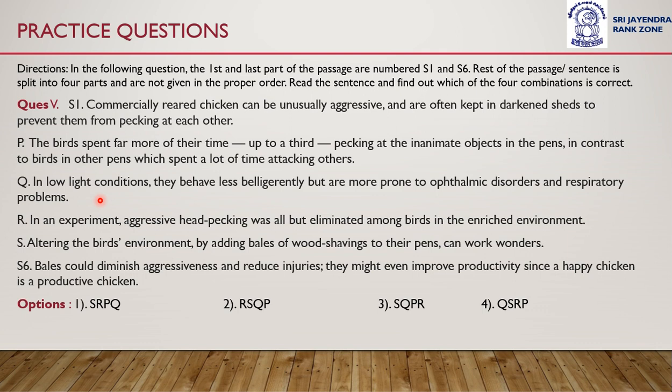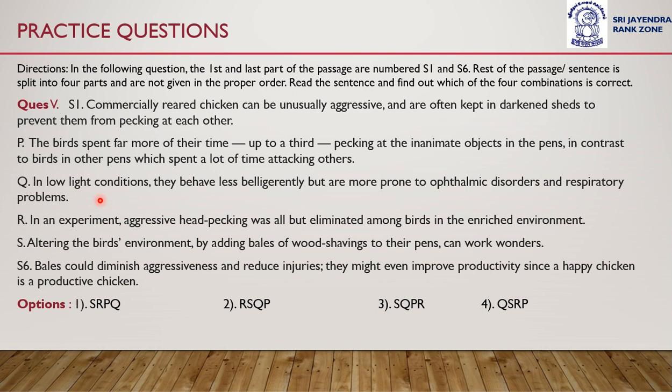S1. Commercially reared chicken can be unusually aggressive, kept in darkened sheds to prevent them from pecking at each other. The birds spent far more of their time, up to a third, pecking at the inanimate objects in the pens, in contrast to birds in other pens, which spent a lot of time attacking others.